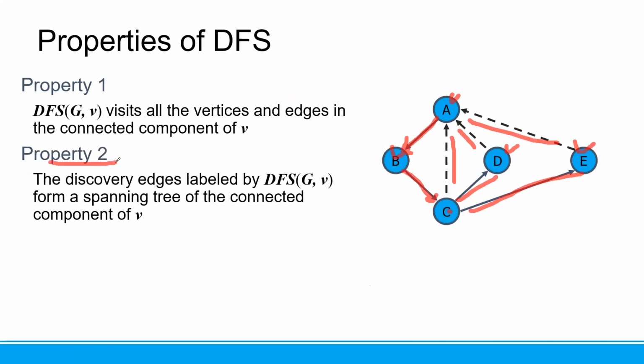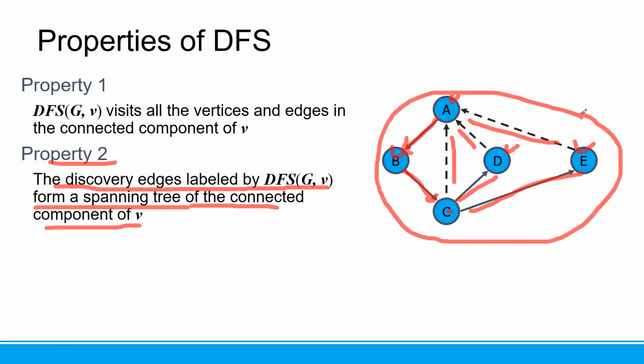In property 2, the discovery edges labeled by DFS(G, v) form a spanning tree. So it is the spanning tree of the connected component of v. If you make all this one, after the DFS, you can see this is a spanning tree.